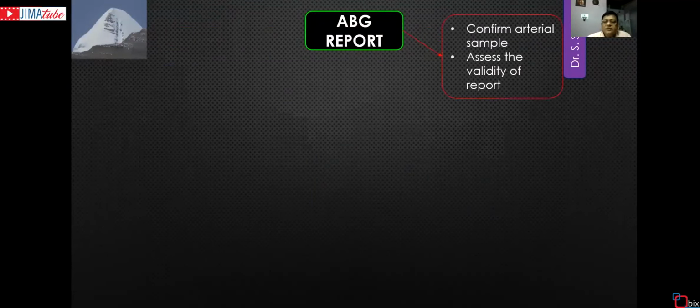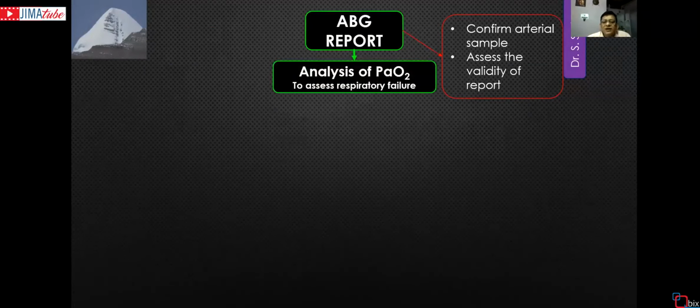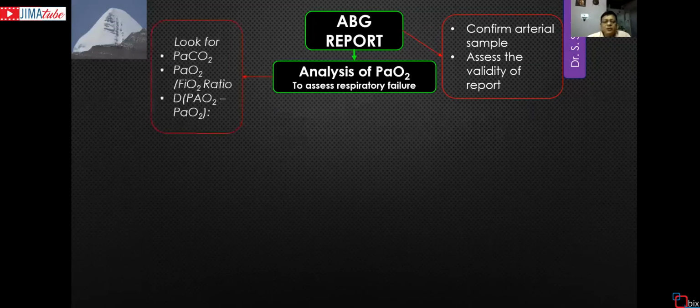So if we get an ABG report, the first thing is to confirm the arterial sample, then assess the validity of the report. After that, we should analyze the PaO2 level to assess whether there is respiratory failure or not. If respiratory failure is there, we should look for three things: PaCO2, PaO2/FiO2 ratio, and alveolar-arterial oxygen gradient.